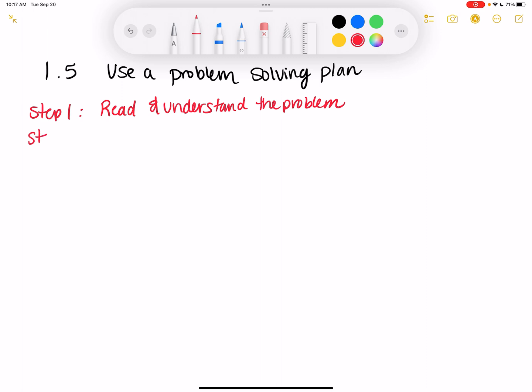Step 2 is to make a plan in order to be able to solve the problem. Then, based on that, step 3 is to solve the problem.